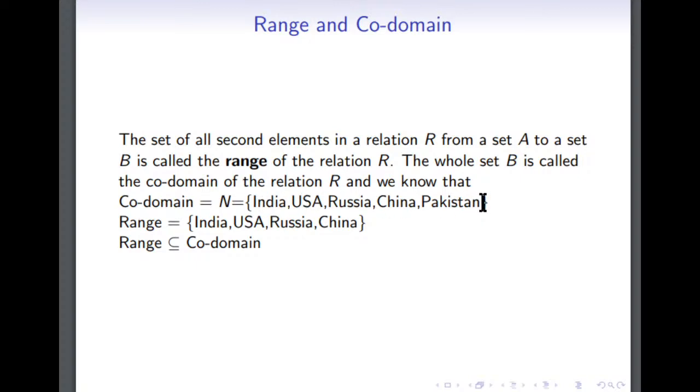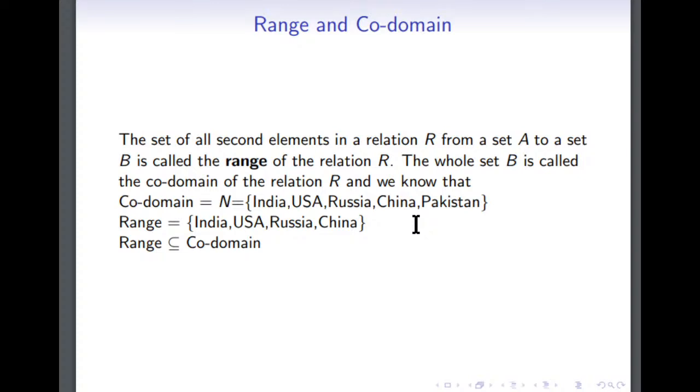So for all the pairs in my relation, Pakistan was not the second element of any pair because no one visited the country. But some leaders visited India, some visited USA, some visited Russia, some visited China. So these four countries were image of some leader. That's why we will include them in range: India, USA, Russia, and China.